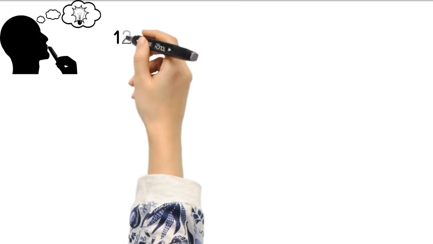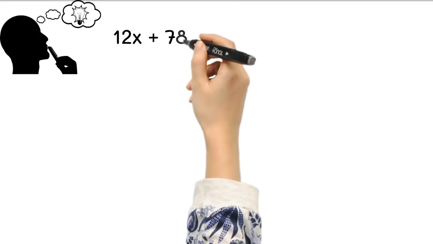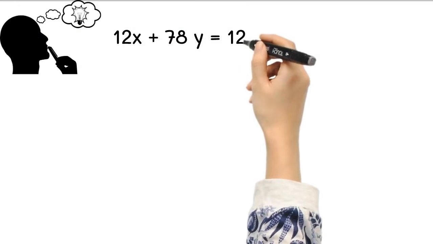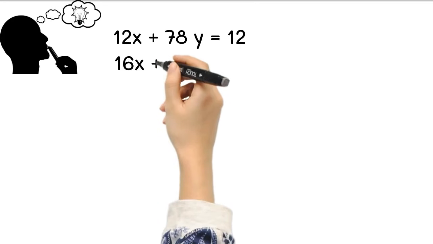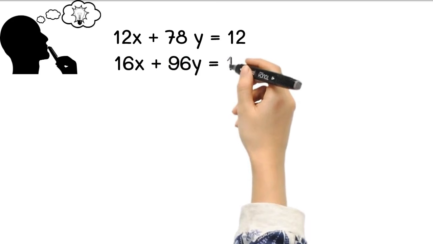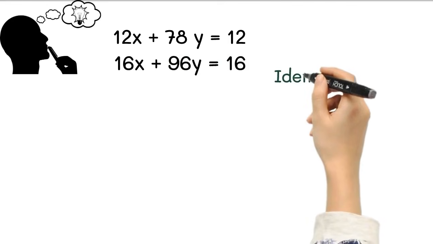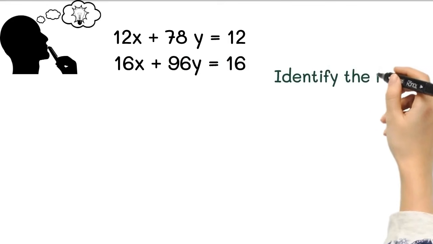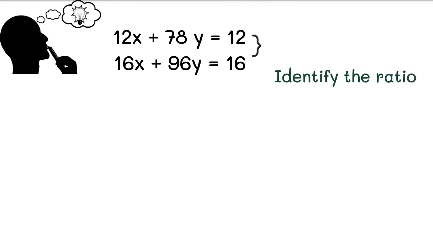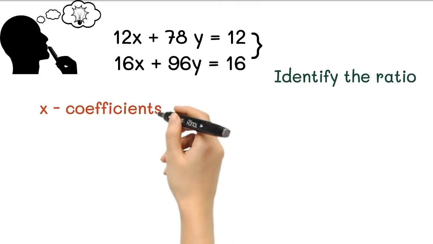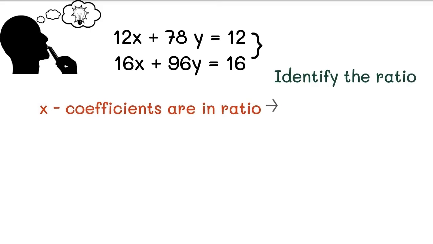Let's take the next example here. 12x plus 78y equals 12 and 16x plus 96y equals 16. Let's identify the ratio. If you observe both equations, you will see that the x coefficients of the equations are in the ratio.